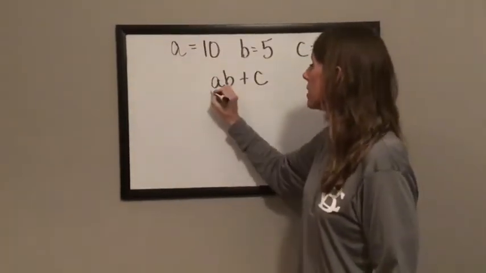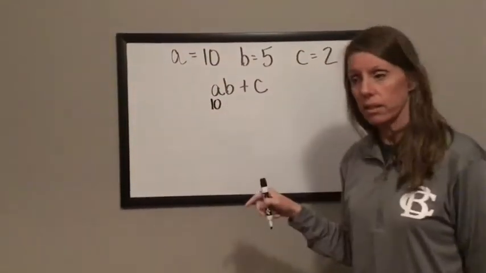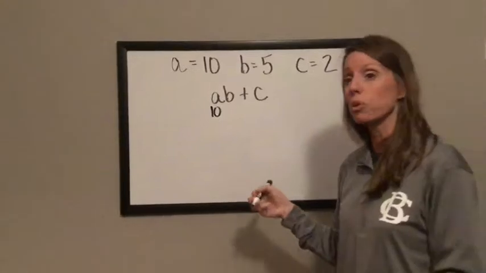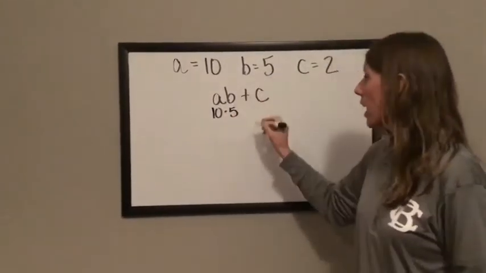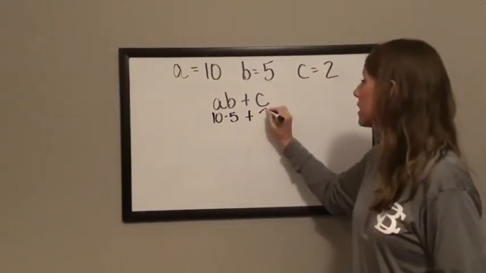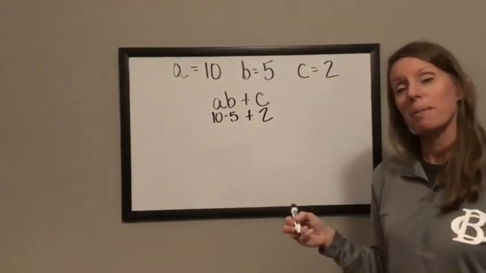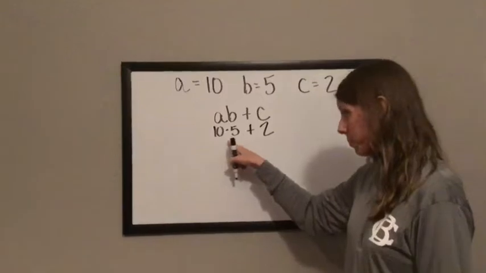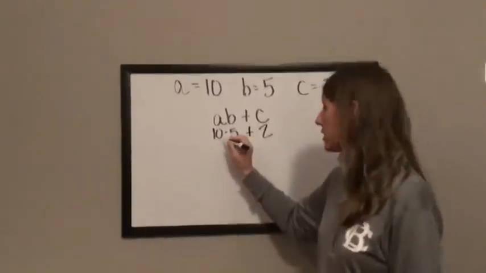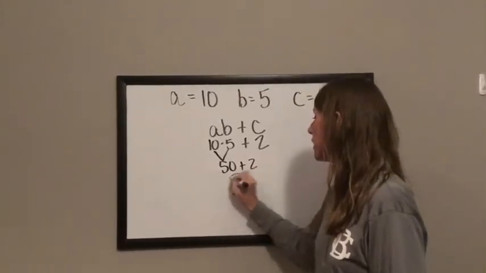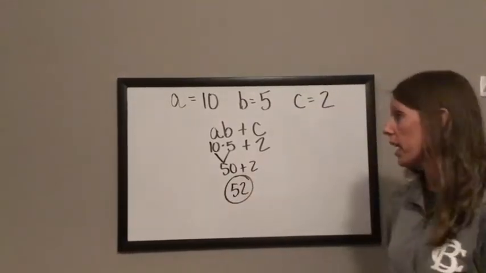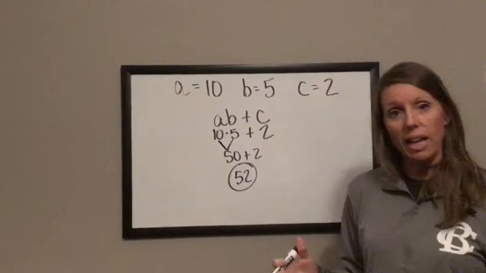So A is 10. We know when A is next to B, that means to multiply. So I'm going to do 10 times 5, or B is 5, plus C is 2. Now we're going to do PEMDAS, and we're going to do multiply. We know that comes before add, so 10 times 5 is 50, plus 2 is 52. All right, and so we learned that last week.